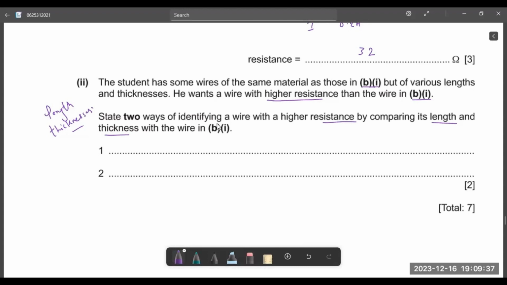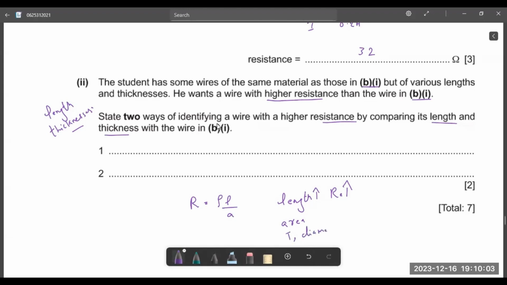So resistance can be written as R is equal to rho L by A. Here L means length. As the length increases, resistance also increases. And A is area. Area is related to thickness, or we can say diameter.